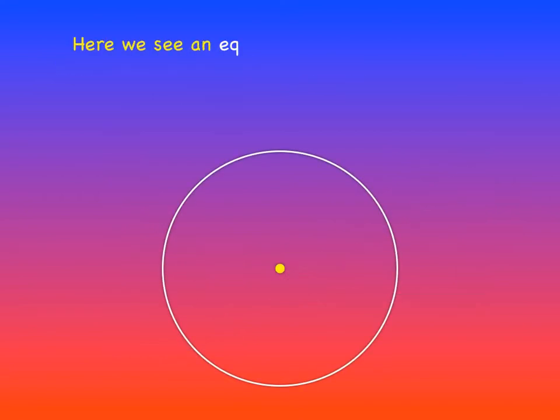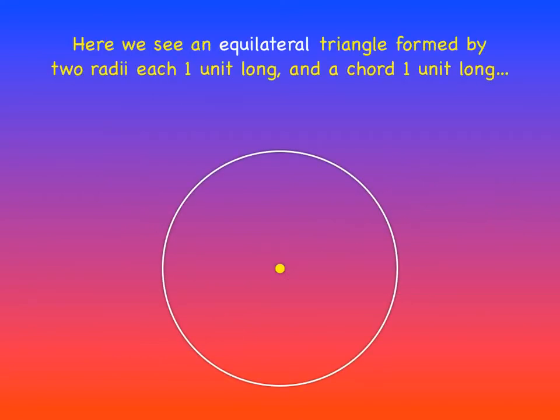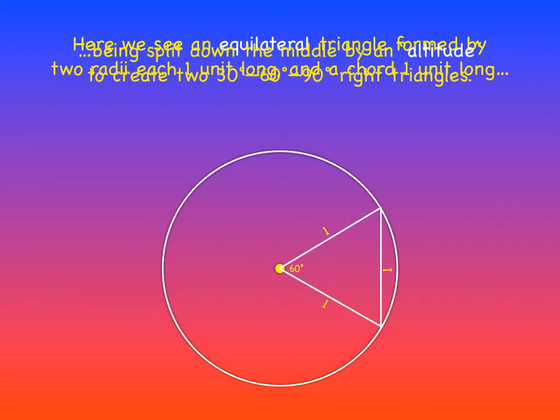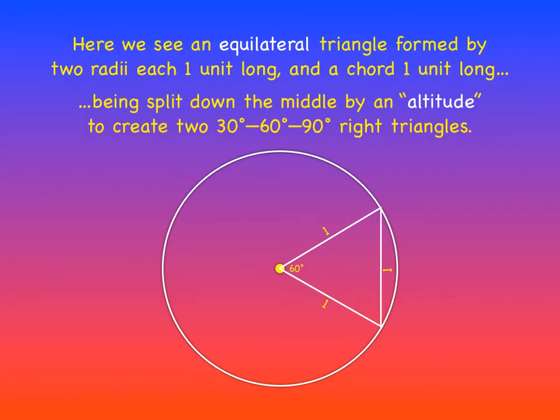Here we see an equilateral triangle formed by 2 radii, each 1 unit long, and a chord 1 unit long. 60 degrees is the central angle. And now it's split down the middle by an altitude to create 2 30, 60, 90 right triangles.